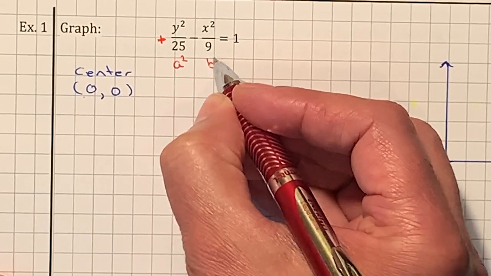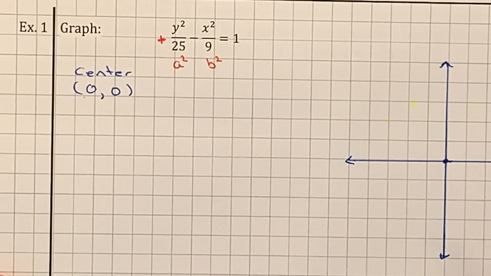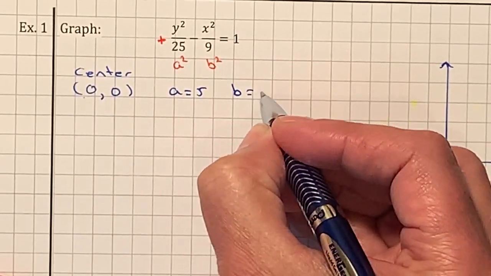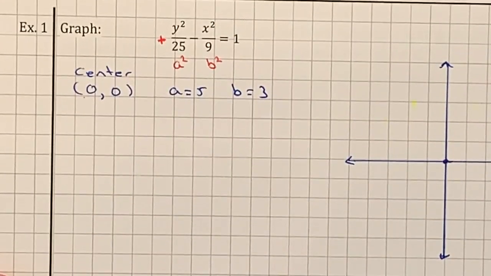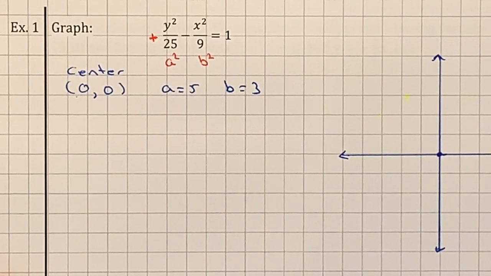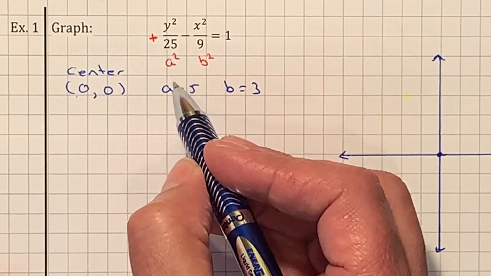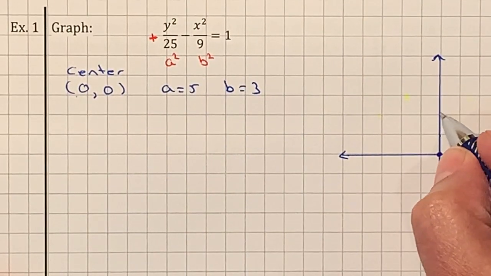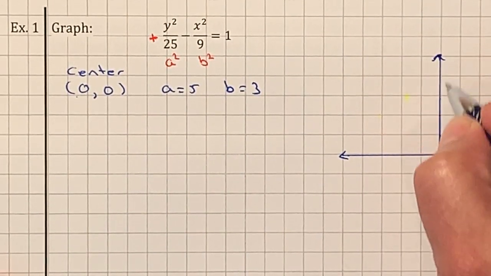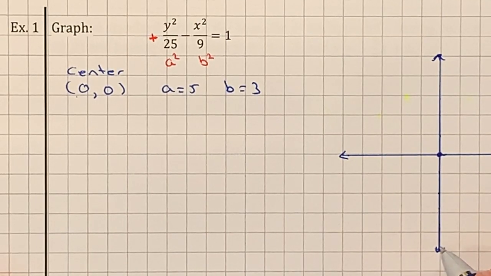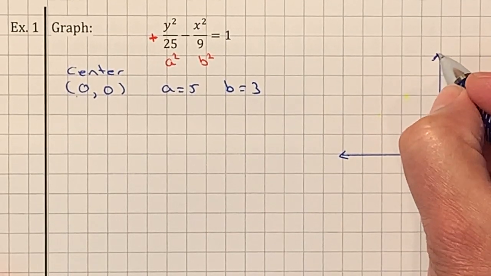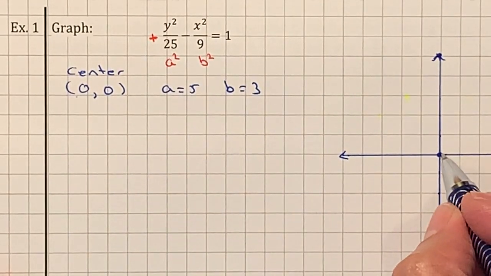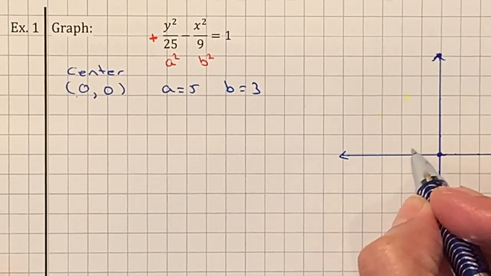This will be b squared. So therefore, a will be 5 and b will be 3. From your center, under the y there's a 25, so it'll be 5. It's under the y, so I'm going to go 1, 2, 3, 4, 5 up and 1, 2, 3, 4, 5 down. Under the x, there's a 9. The square root of 9 is 3, so therefore to the right 3, and to the left 3.